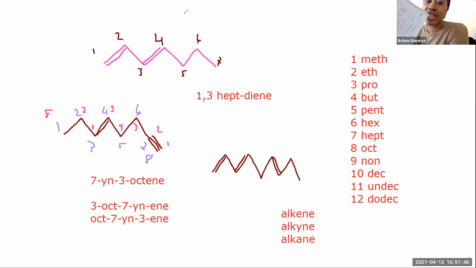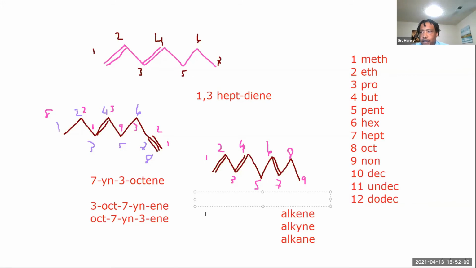No, 1,3,6, non-triene. Yeah, nonatriene. That's right. So that's 4, 5, 6, 7, 8, 9. Non-triene.